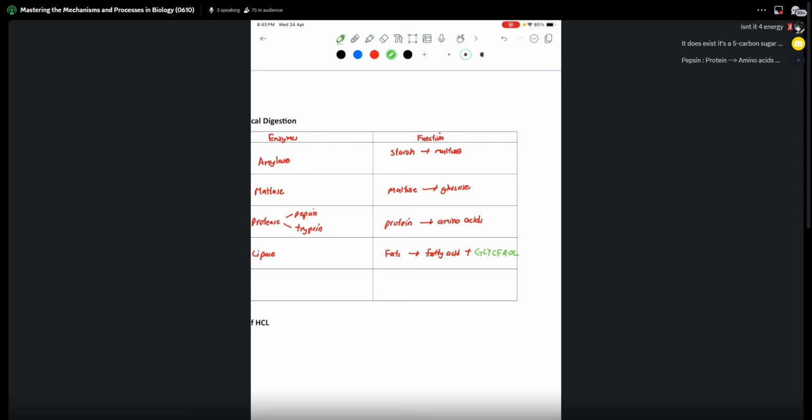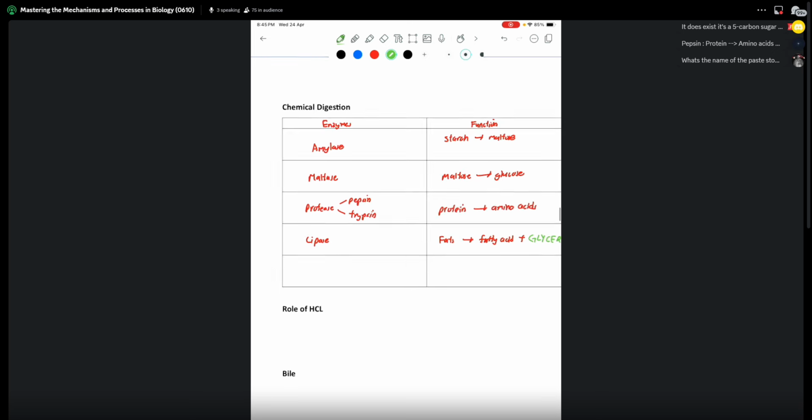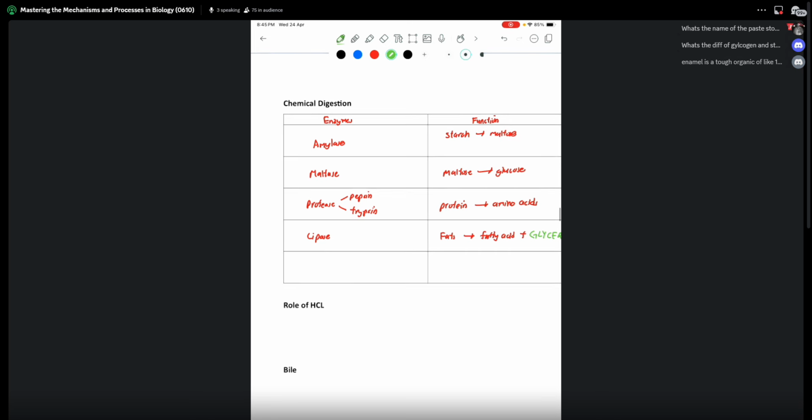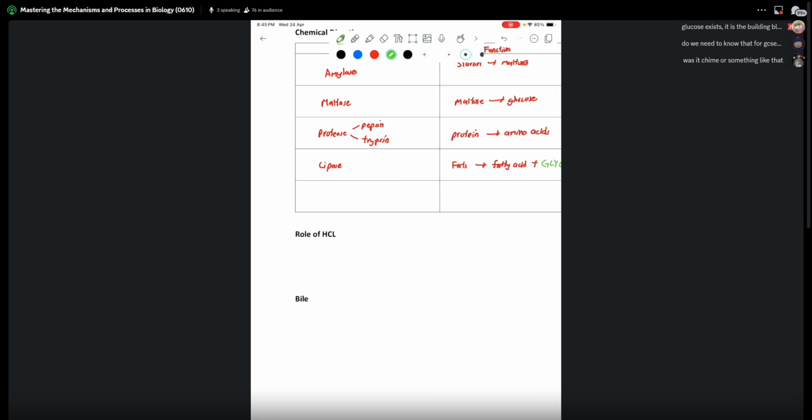Okay, all right. Coming back, then we have the last one. I think that's it. Okay, now what is the role of the hydrochloric acid? There are a few past year paper questions that ask what is the role of the hydrochloric acid. So first thing is to denature enzymes in the microorganism.